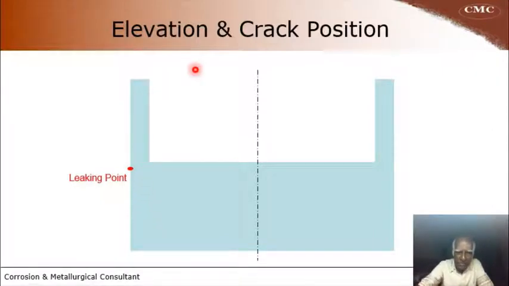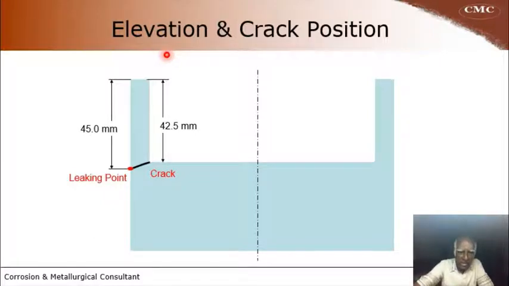After opening the autoclave, the leaking point was found to be corresponding to this edge, and corrosion has started from the edge and went like a crack towards the outside, resulting in leaking.